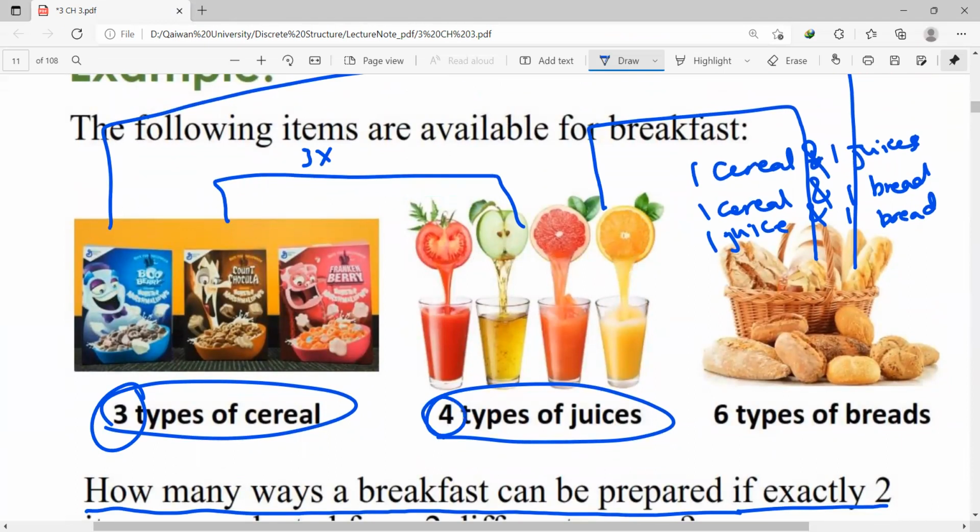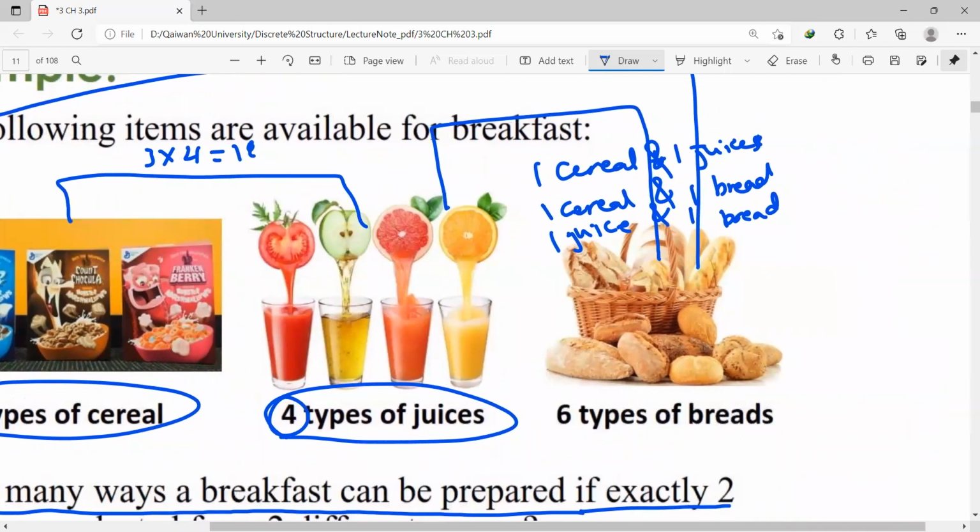One from this, 4 ways, which is 12. Because if we pick one among 3, you have 3 ways. And if we pick one from 4 types of juices, we have 4 ways. That means 3 times 4 is 12.